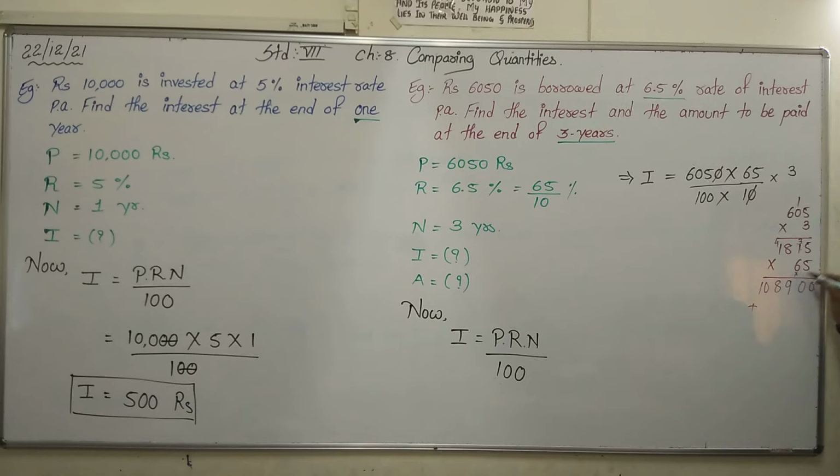Plus. 5 5s are 25. 5 1s are 6. 5 8s are 40. 5 1s are plus 4, 9. So 5, 7, 9, 17, 1, 1.